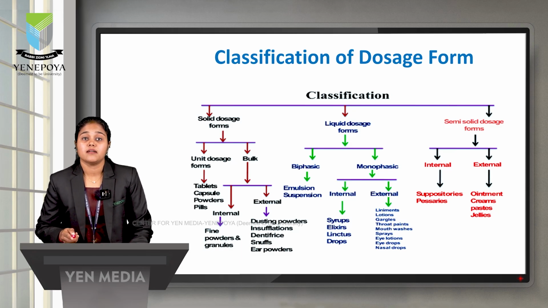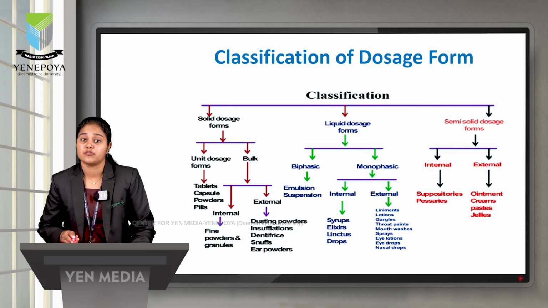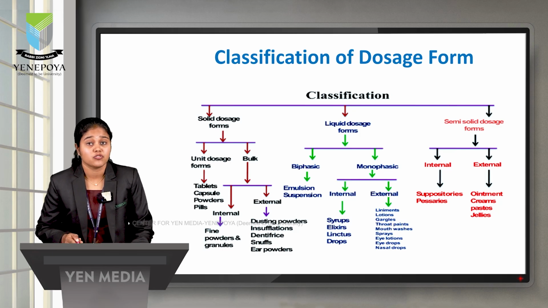Liquid dosage form is classified into biphasic and monophasic. As the name indicates, there are two phases in a biphasic and one phase in a monophasic. Monophasic can again be classified into internal and external dosage forms. In biphasic, the examples are emulsions and suspensions. In further slides we will see in detail about emulsions, suspensions and other monophasic dosage forms.